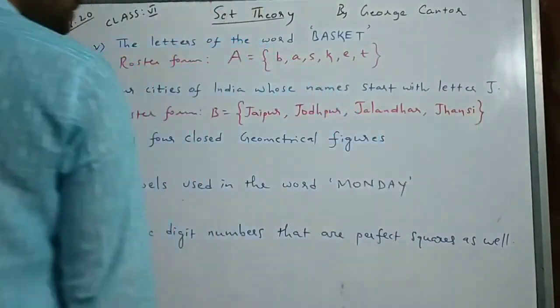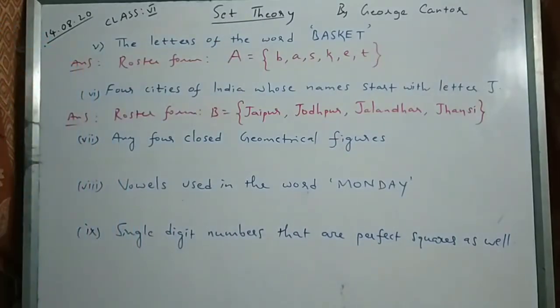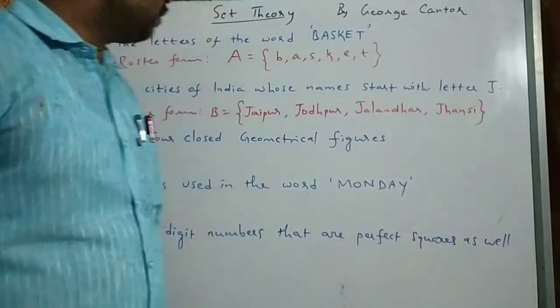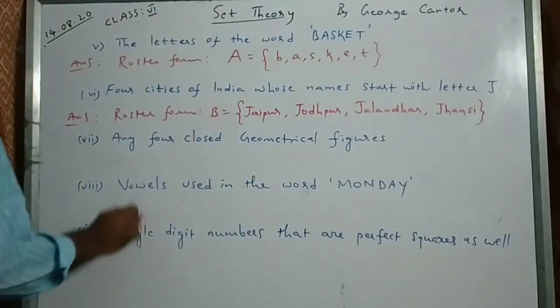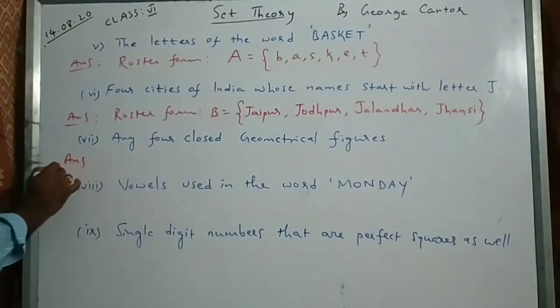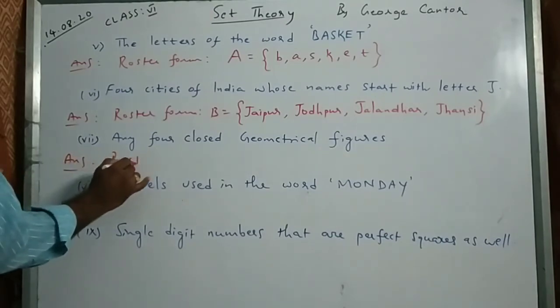These are the 4 cities of India whose names start with the letter J. Okay. Answer, roster form.